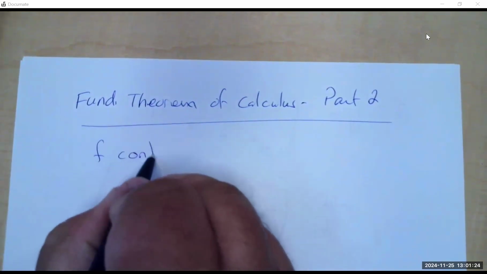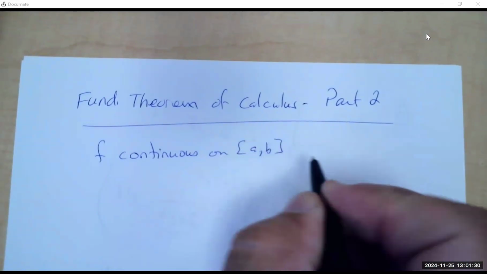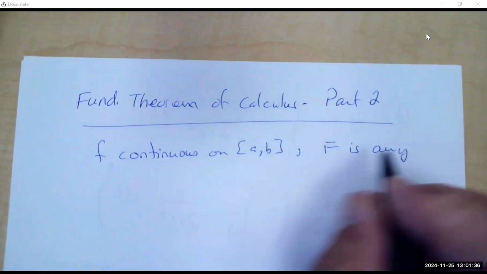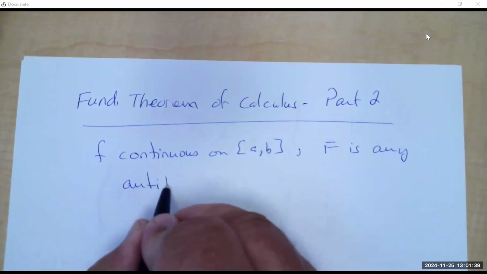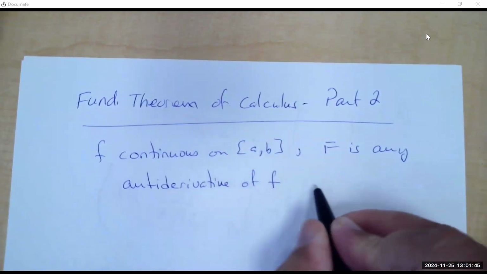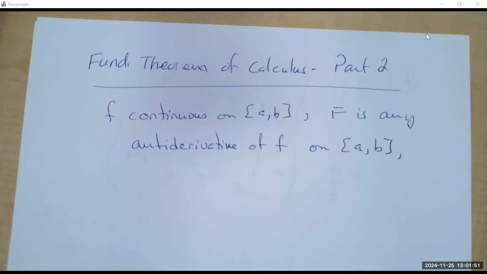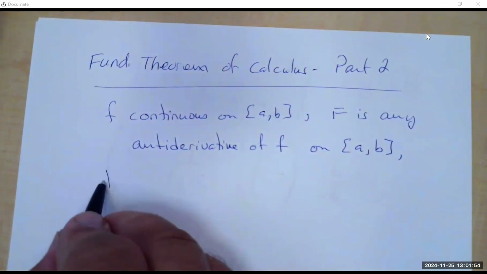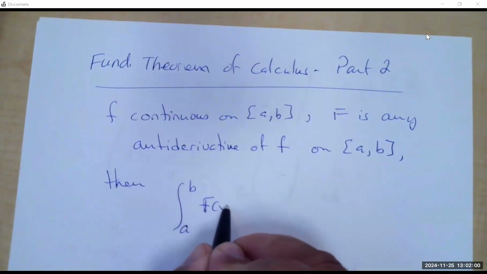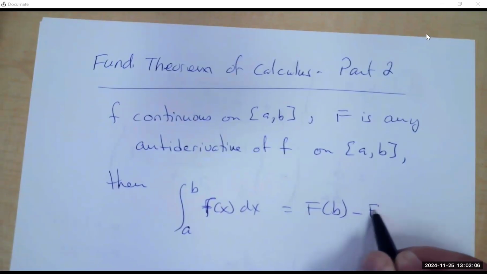Remember, f is continuous on the closed interval [a, b], and F is any antiderivative of our function on that interval. Then the integral from a to b of f of x dx is equal to F at the upper bound minus F at the lower bound.